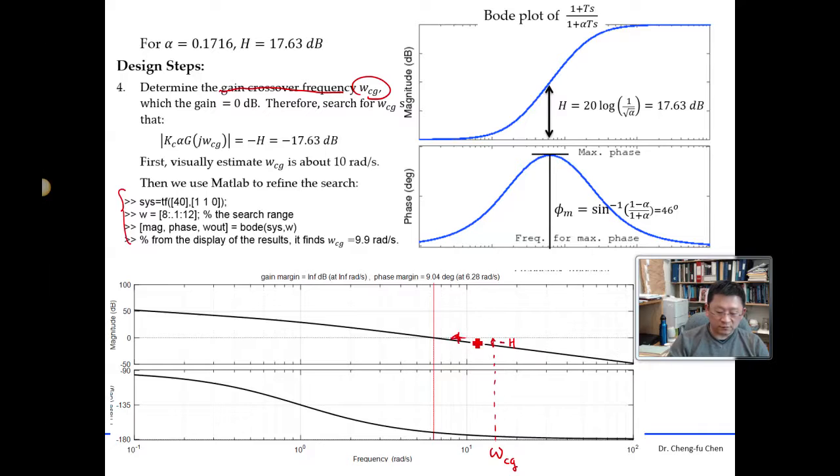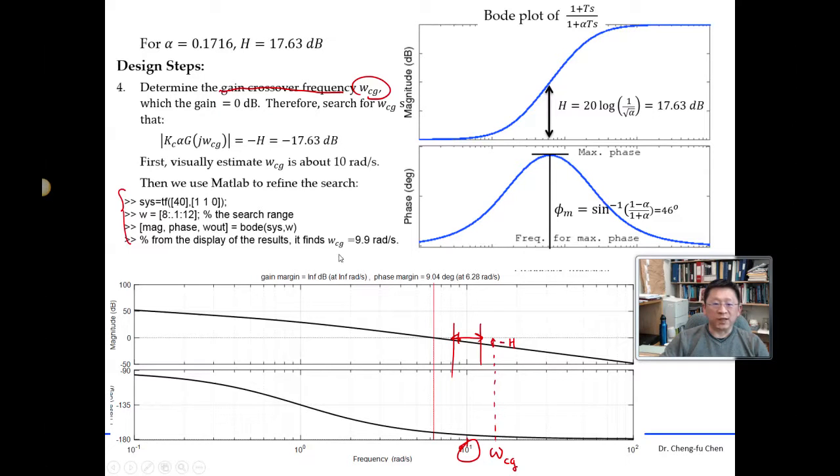I searched the range between 8 and 12, and by looking there I can precisely determine omega G, very close to here.